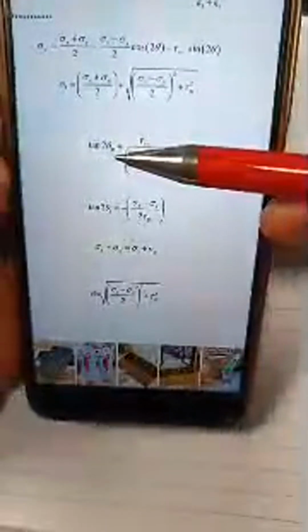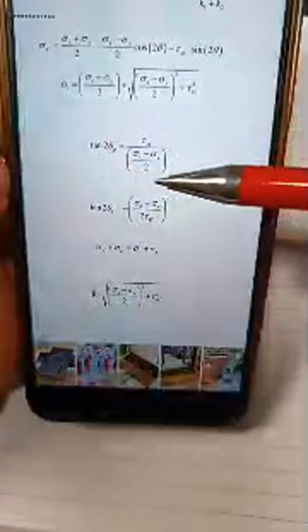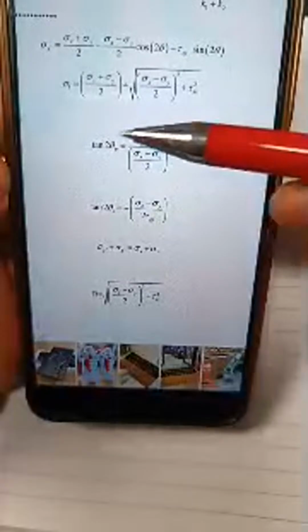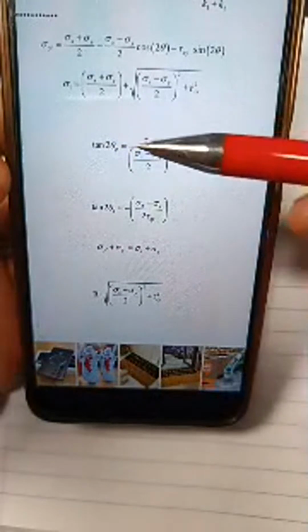When it comes to angles, these are the formulas we are going to use. This is the formula we will use, in fact. This is for the angle. So we are going to use this. How are we going to use it?